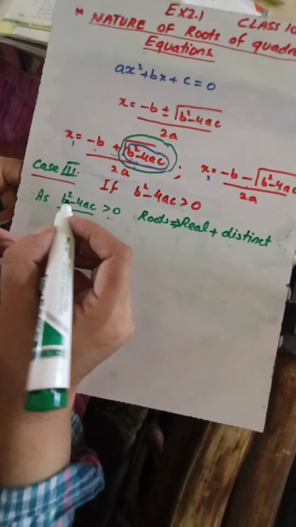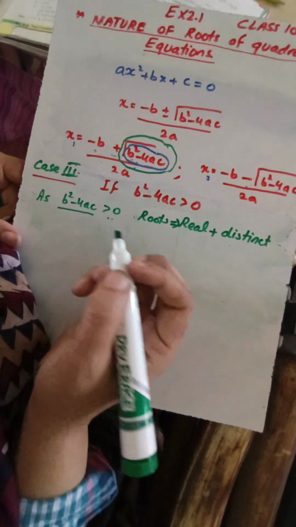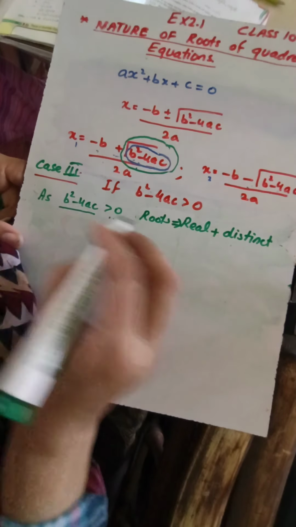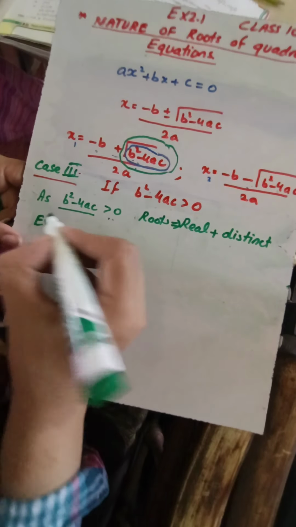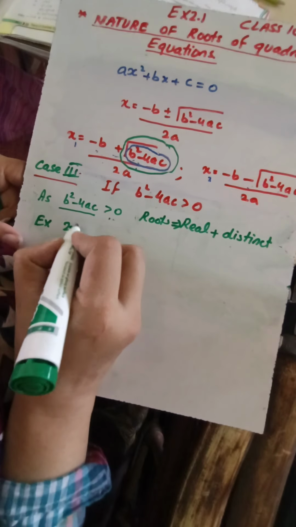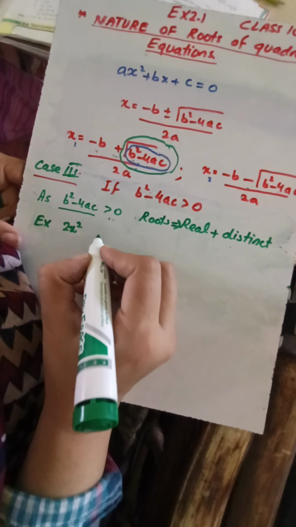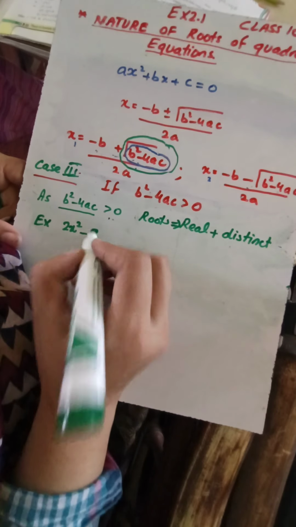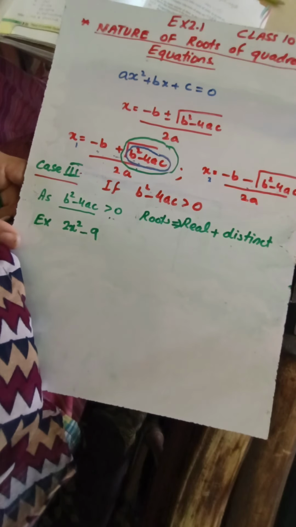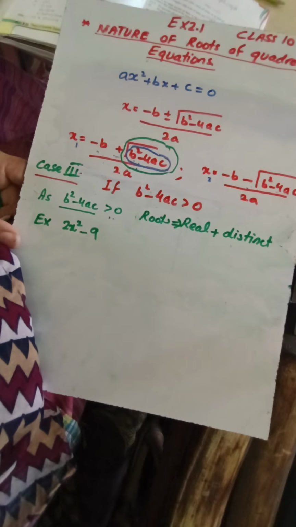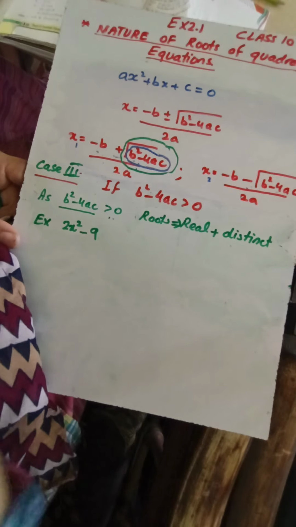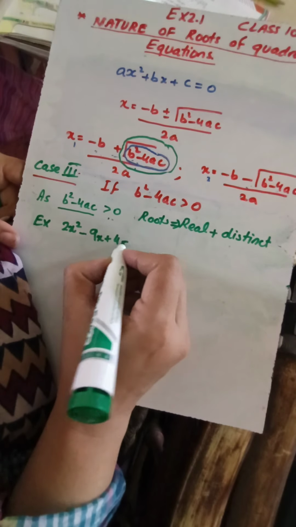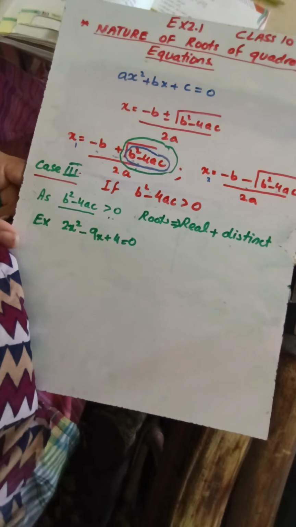Let me take an example over here. For example, let us take 2x square minus 9x plus 4 is equal to 0.